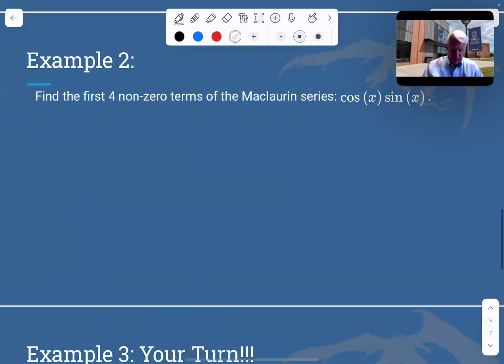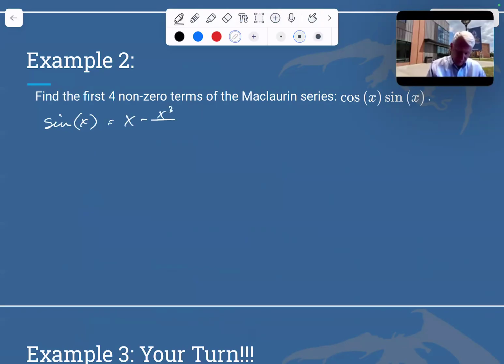Let's say that you have cosine of x and sine of x. So from up above, we know that the sine of x is equal to x minus x cubed over 3 factorial plus x to the fifth over 5 factorial minus x to the seventh over 7 factorial.